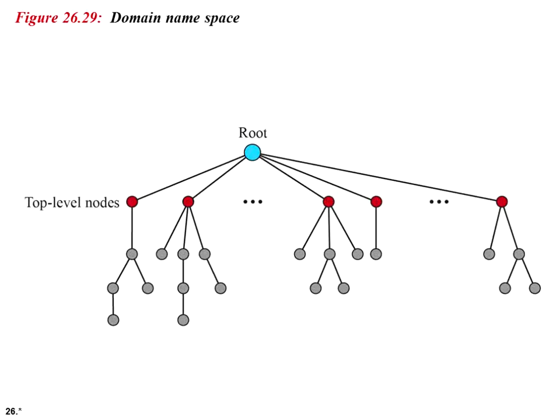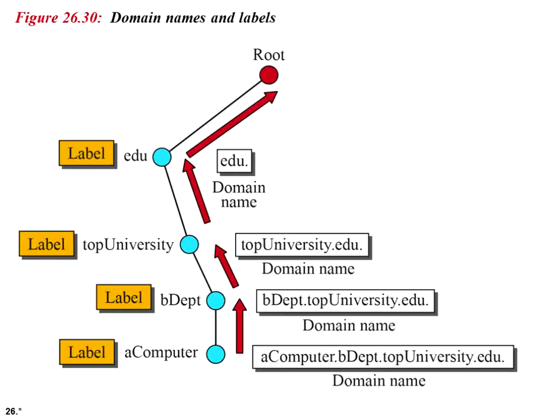Next we have domain name. Each node in the tree has a domain name, and it is a sequence of labels separated by dots. As you can see in this example, we have a.computer.b.department.top.university.edu.